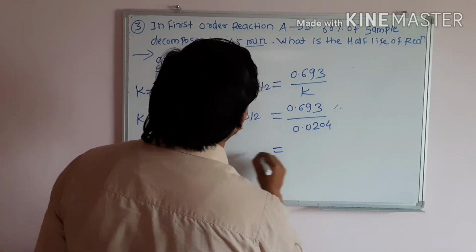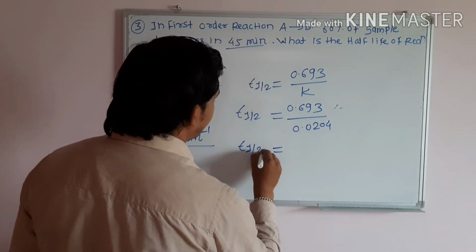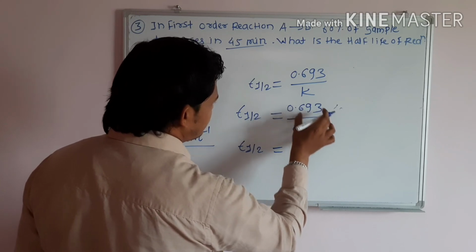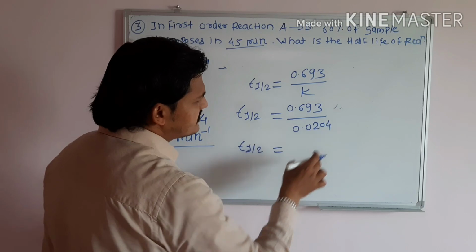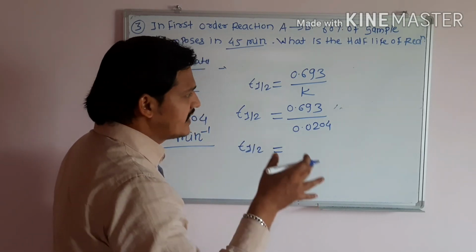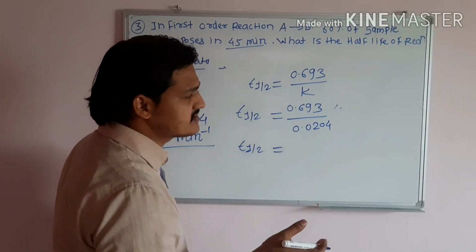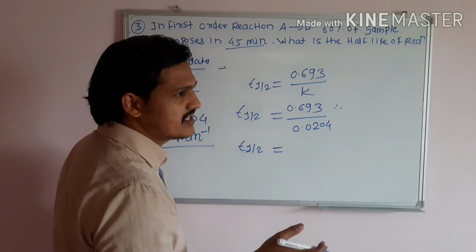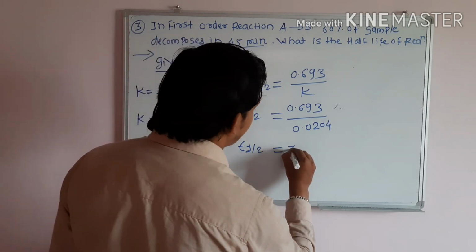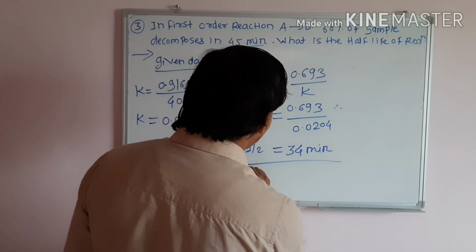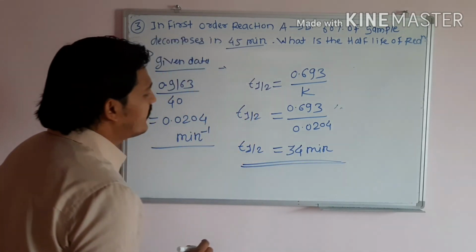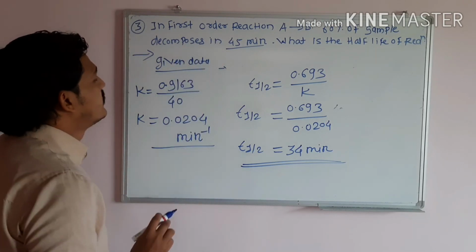Okay, now if we solve this, log of 0.693 minus log of 0.0204, then take the antilog of the final answer after subtraction, and you will get 34 minutes. 34 minutes. This is the half life for this numerical.